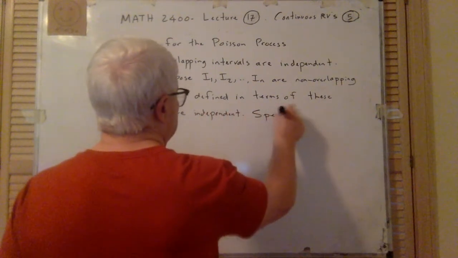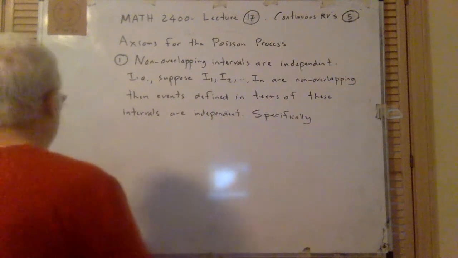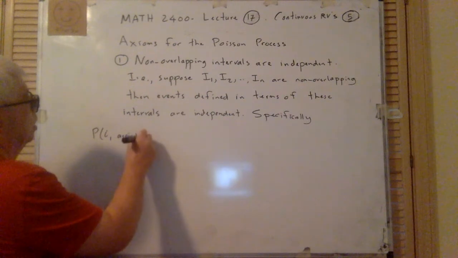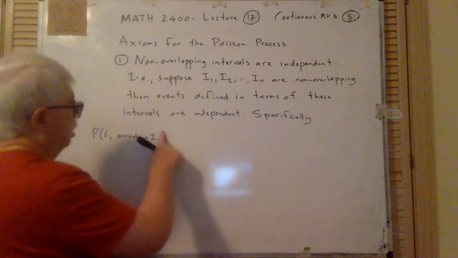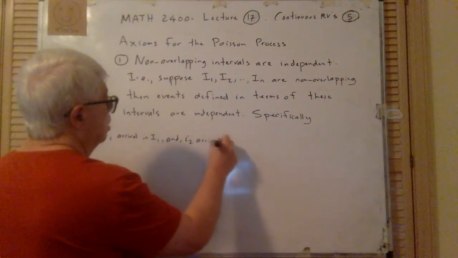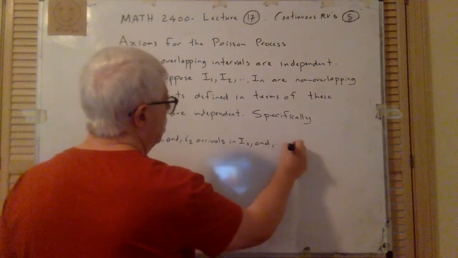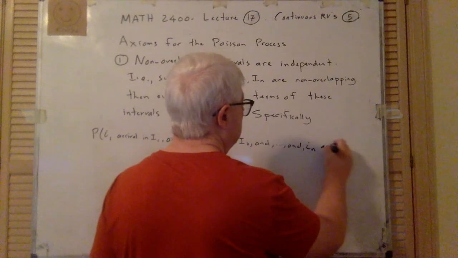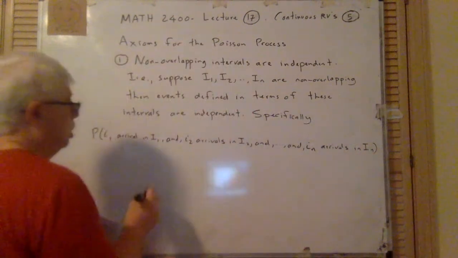And specifically, these events are independent, and we have P of n1 arrivals in I1, that's the number of arrivals in interval 1, comma, and n2 arrivals in I2, and dot, dot, dot, and nN arrivals in IN. This is our 'and' here.